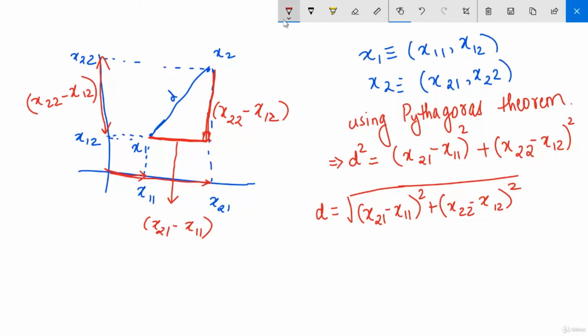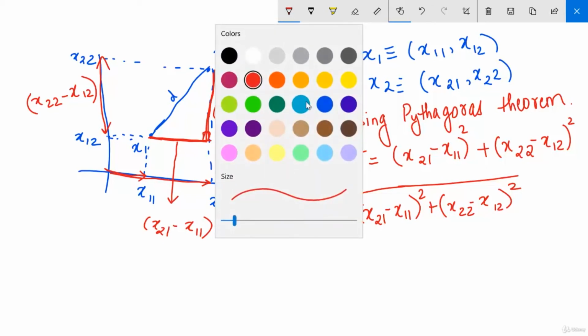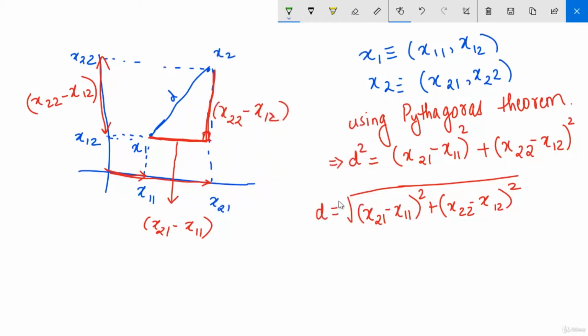And guys, this distance d, which we have got using Pythagoras theorem, is also known as, please make a note, Euclidean distance.